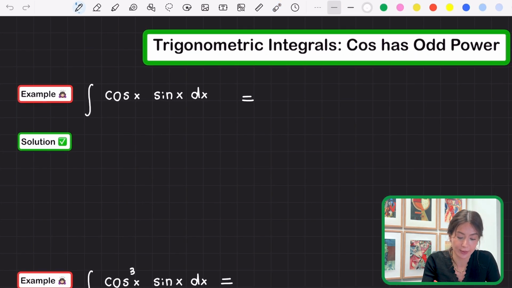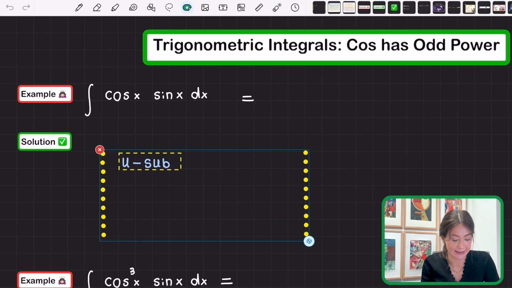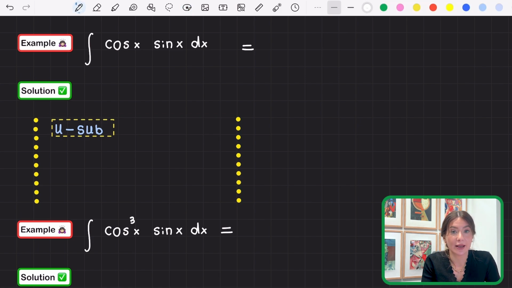The first problem, this one, has 3 different ways to solve it. You can use the double angle formula of sine, but I'm not going to do that because I really want to showcase this idea that cosine and sine, whenever they're together, give you u times du, and that idea is what I want to use.